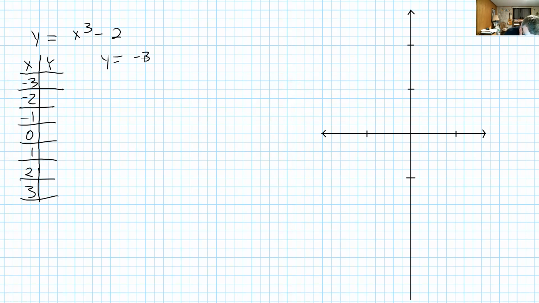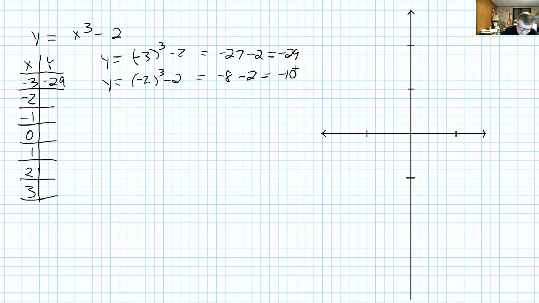Okay. So if x is -3, y equals -3, the quantity cubed, minus 2, which is -27 minus 2, which is -29. Okay. If x is -2, y equals -2, the quantity cubed, minus 2, which is -8 minus 2, which is -10. If x is -1, y equals -1, the quantity cubed, minus 2, which is -1 minus 2, or -3.